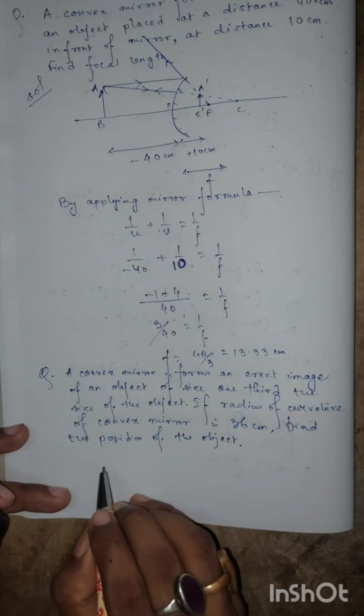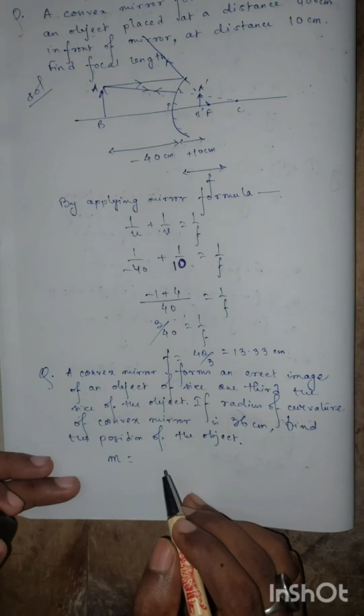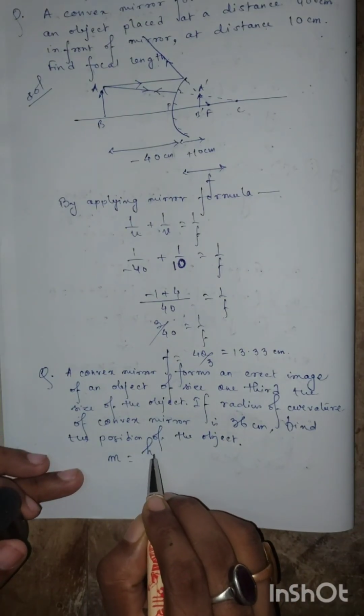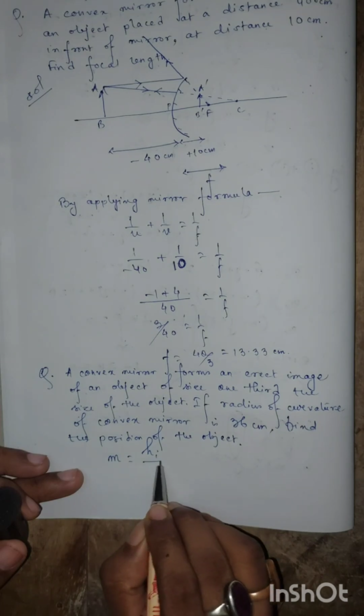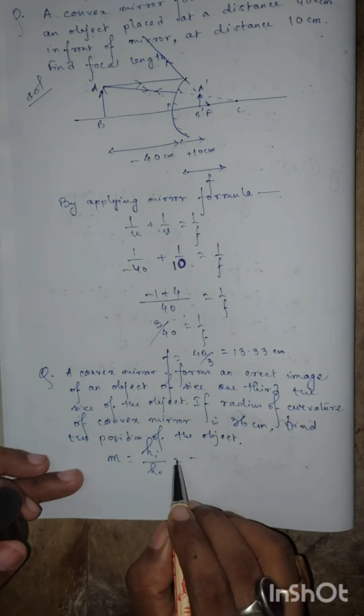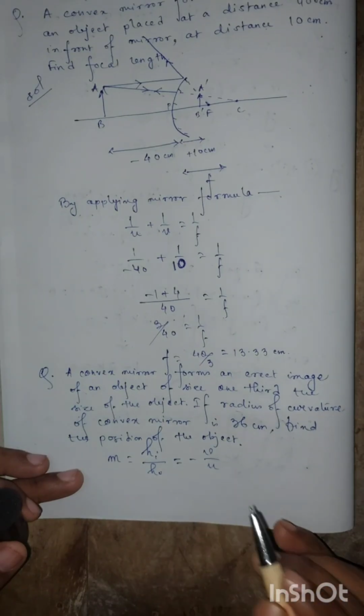So we know magnification is equal to height of image by height of object, or it is equal to minus v by u.